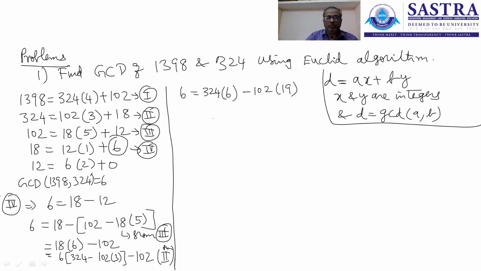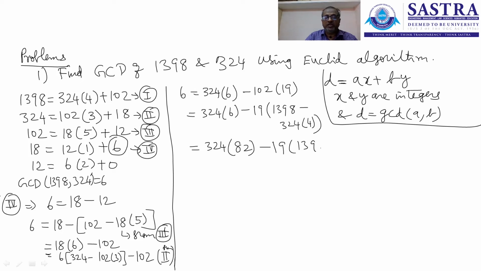Now I have to express this in terms of 324 and 1398. So I will use 1 and replace 102 with these two numbers, 1398 minus 324 into 4. This gives you 324 into, 19 into 4 gives 76, plus 6, 82, minus 19 into 1398.